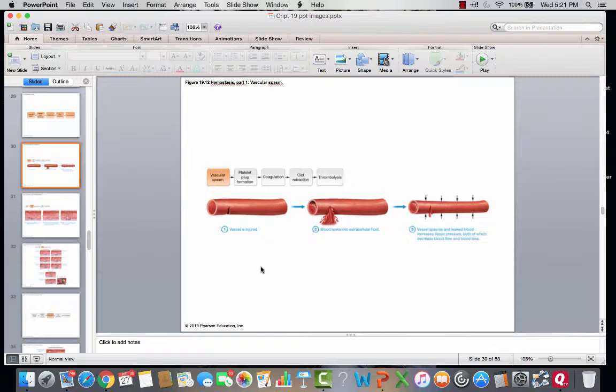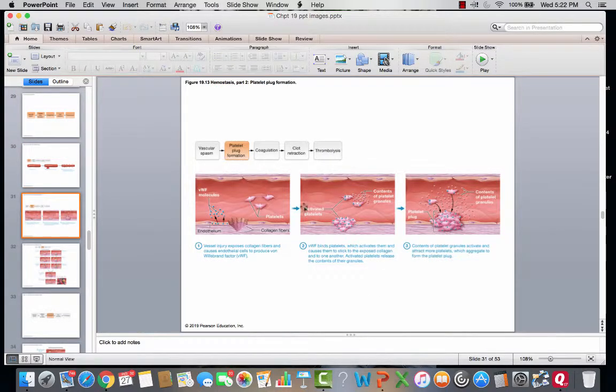The next thing that's going to happen is platelet plug formation. This discussion starts on page 739 in your book, and that's the second part of hemostasis. When tissues are injured, they give off chemicals, and those chemicals are going to act as attractants.